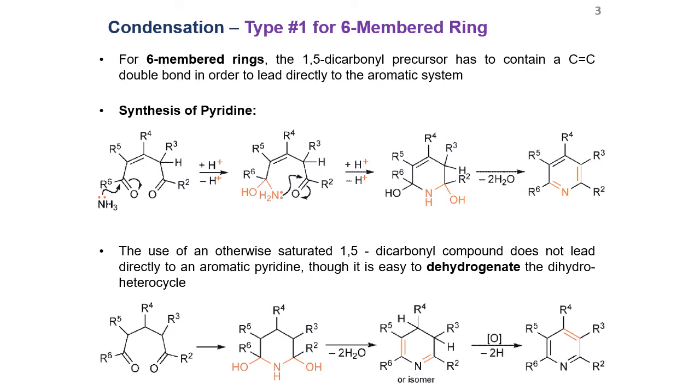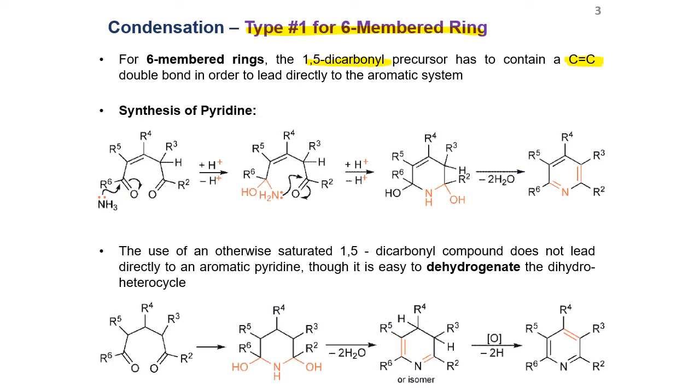For the type 1 synthesis of 6-membered ring heteroaromatics, you need to use a different starting material, which is a 1,5-dicarbonyl compound, but in the molecule you should already have one carbon-carbon double bond to lead you directly to the aromatic system, and here is why.